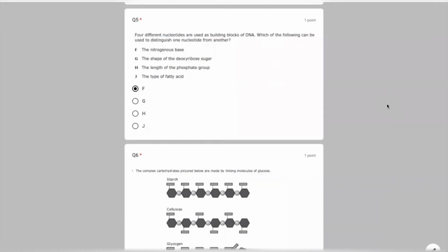There's not really a change in the shape. Well, there is, but it's mostly in the nitrogenous base. So G is kind of wrong, and F seems more right, but let's keep going. The length of the phosphate group is approximately the same for all of them. And the type of fatty acid doesn't really have anything to do with DNA, so F is the correct answer.